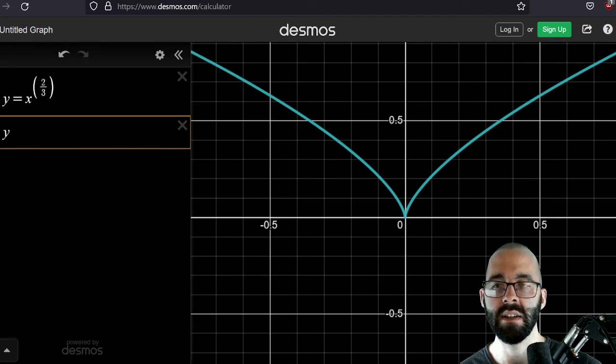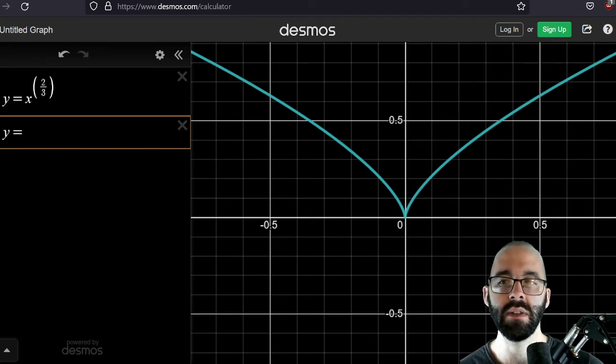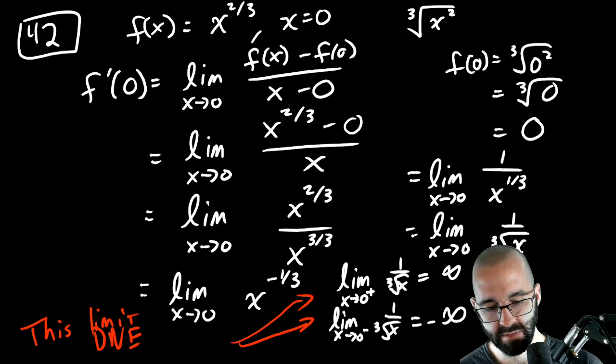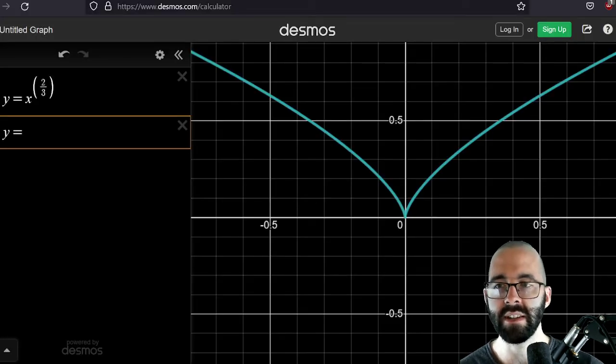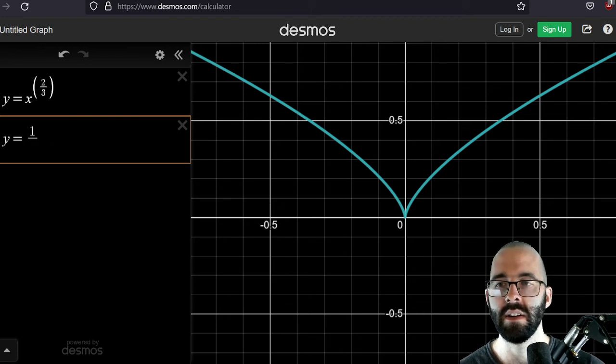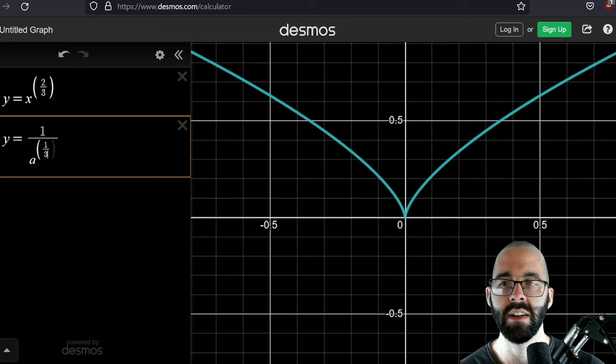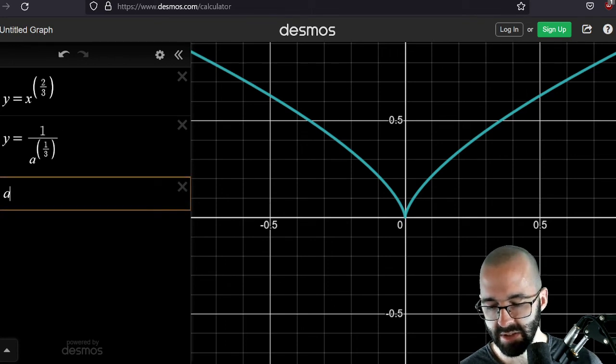So the secant line always is going to look like the slope, which is 1 over the cubed root of x, I think. Hold on, I'm curious whether this is going to work and whether I can do it in my head. It doesn't, so let me do a slider for a.